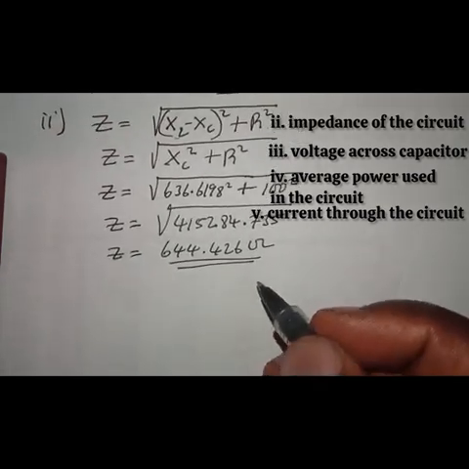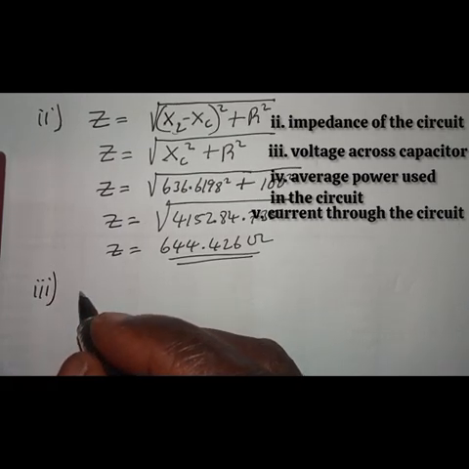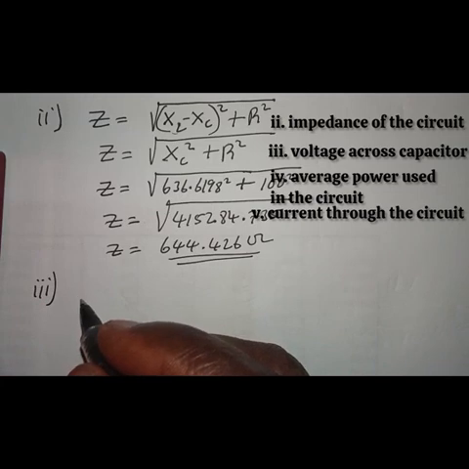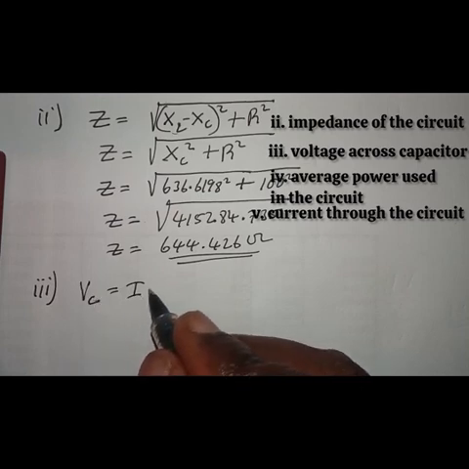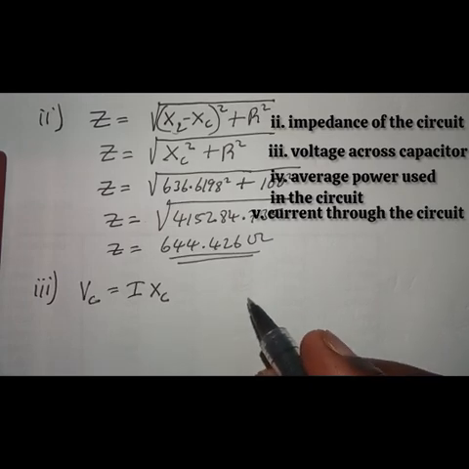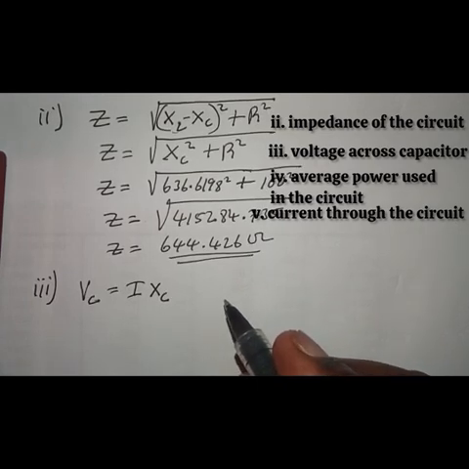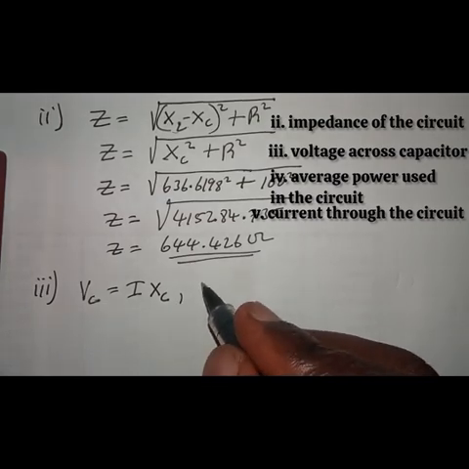Okay, if we move ahead, the third thing we're asked to determine is the voltage across the capacitor. The current through the capacitor is the same as the current through the resistor. So VC is equal to I times XC, capacitive reactance, according to Ohm's law. We note that I was not given in the question and we've not gotten it. But we know the impedance and we know the EMF.